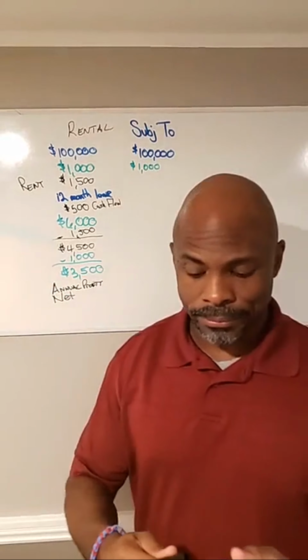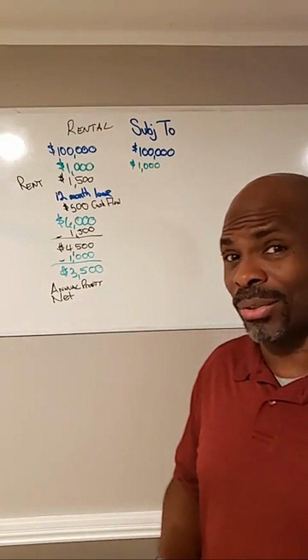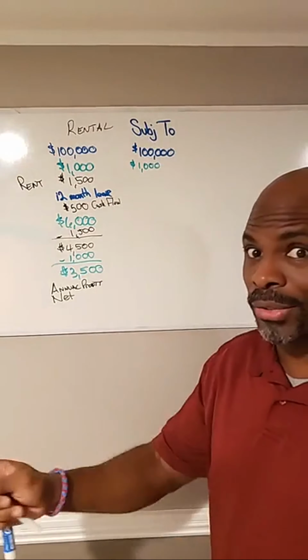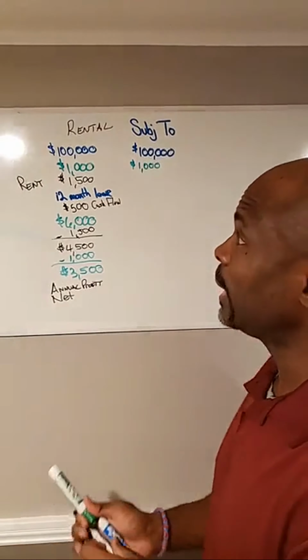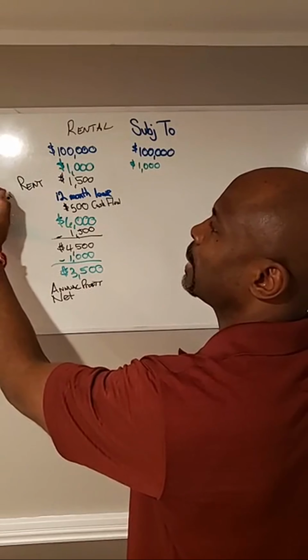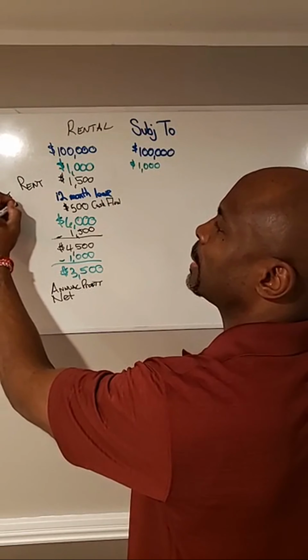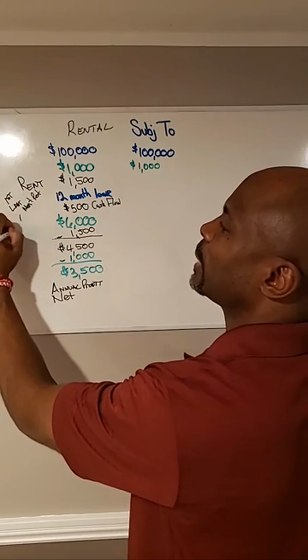Net profit. So let's look at the subject to side, the contract for deed side, the master lease, all those things. So you're not renting. Over here, to rent it, they gave you first and last month rent for security.